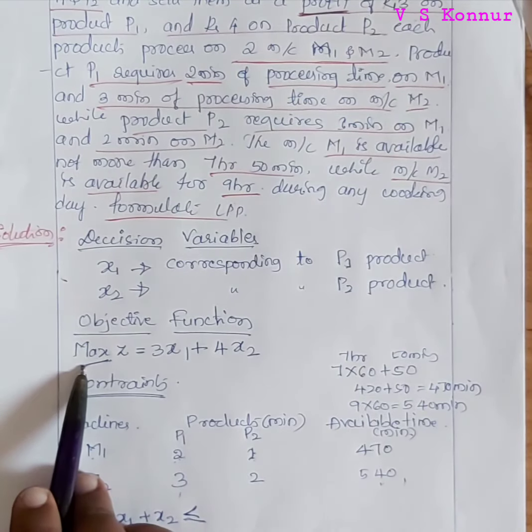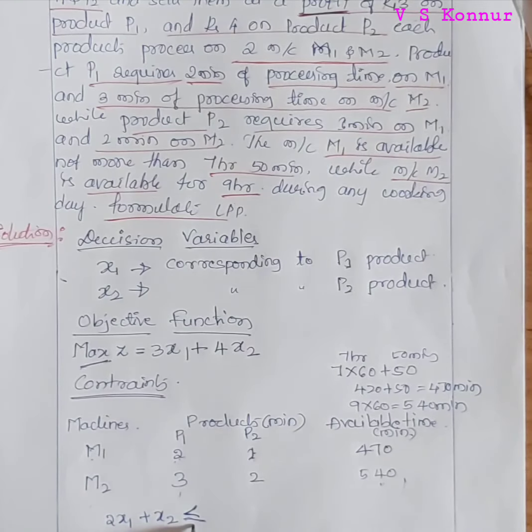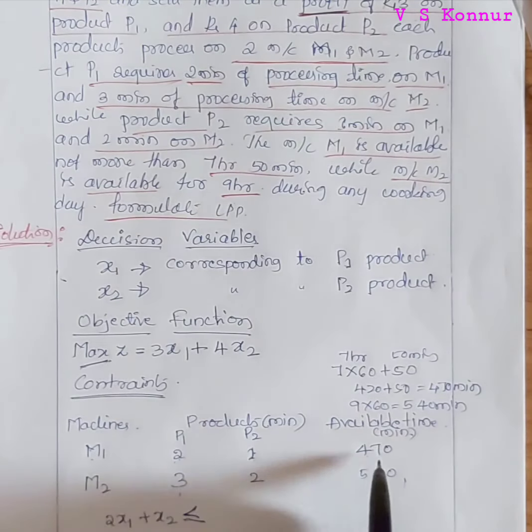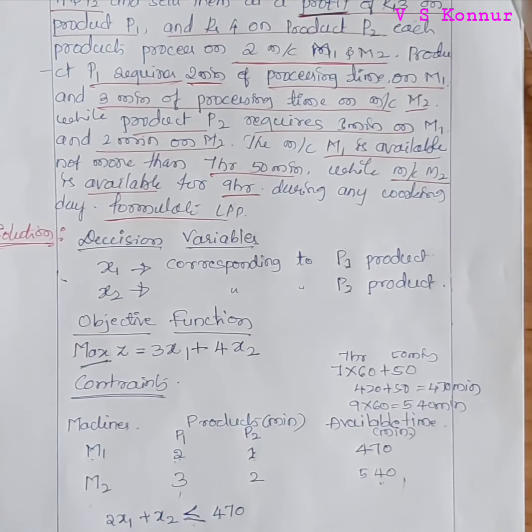Whenever in the problem profit based or maximization of Z is there, then for constraint I have to take less than or equal to sign, that is equal to 470. Second constraint, 3 P1 is nothing but 3X1 plus 2 P2 is nothing but 2X2, less than or equal to 540. So these are the two constraints we got.